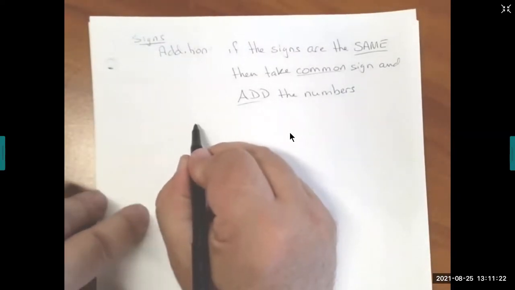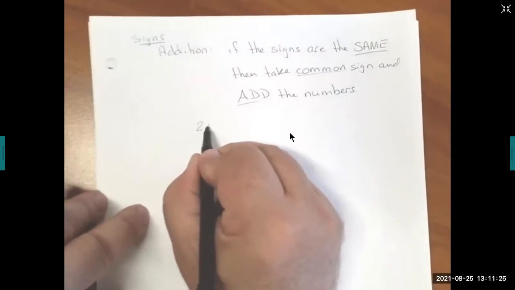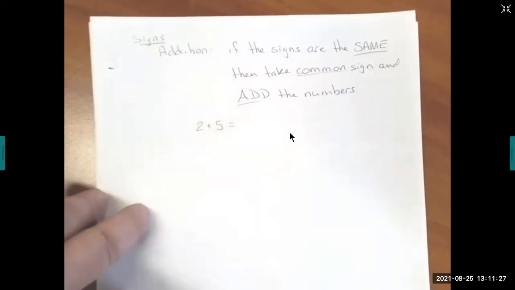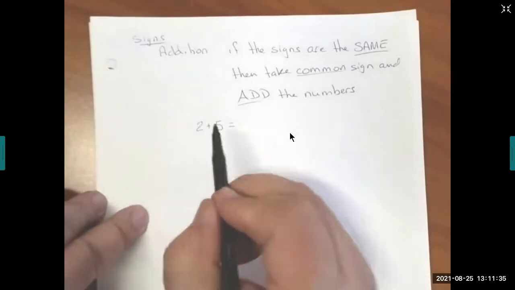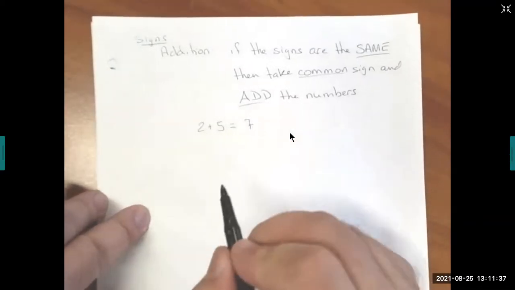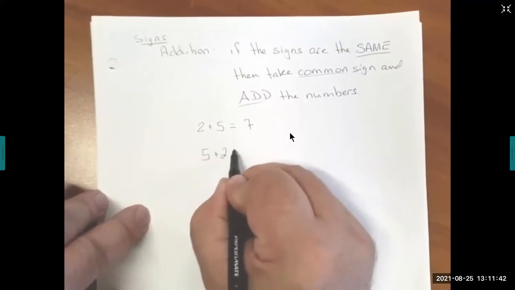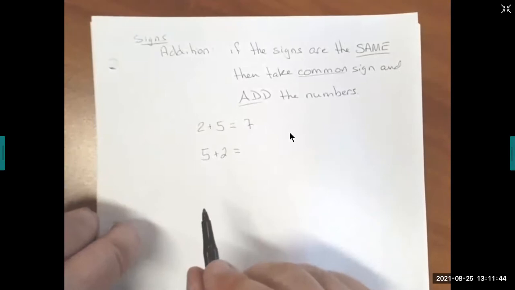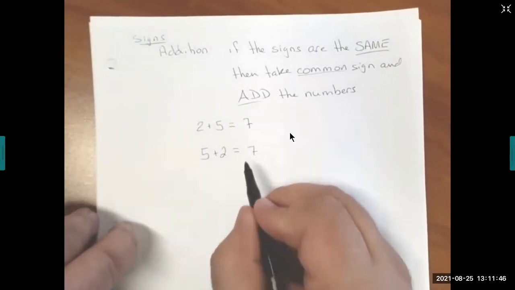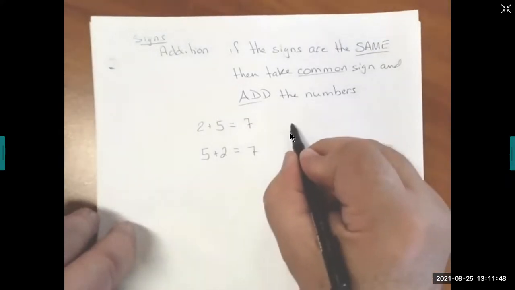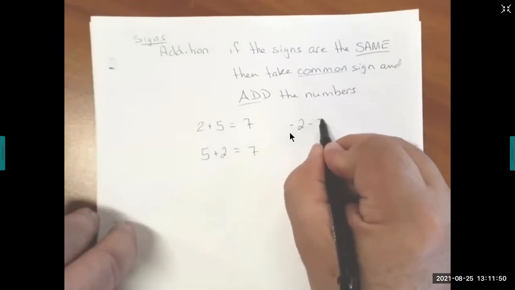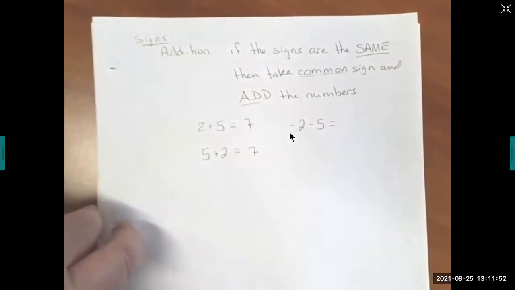All right, so for example, 2 plus 5 equals what? Why is it positive 7? Because they're both positive. The answer is positive. Likewise, 5 plus 2. Also, they're both positive. So the answer is positive. -2 minus 5.